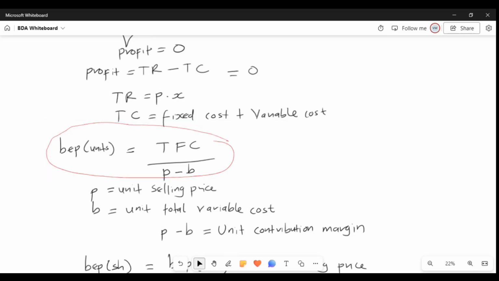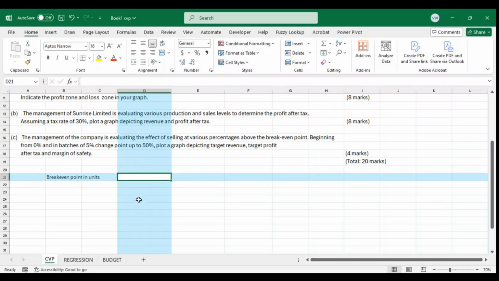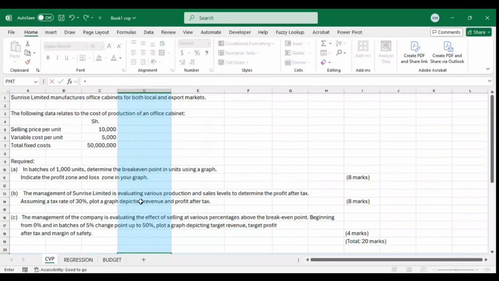If you know how to use Excel, then we can just do that computation without having to write those variables separately. I'll just say equals to, I'll reference the total fixed cost because I already see that it has been presented as a numeric value in its own cell, so I don't need to make any adjustment.